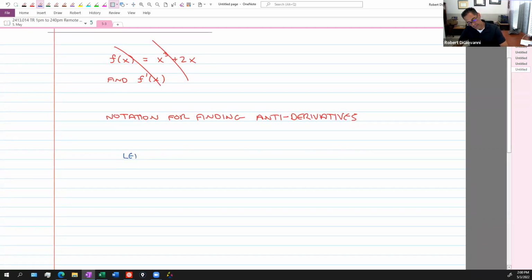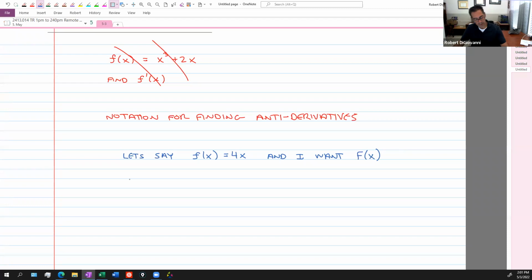Let's say f of x is 4x, and I want capital F of x, the antiderivative. Let's say I'm trying to get you to take 4x and give me its antiderivative.